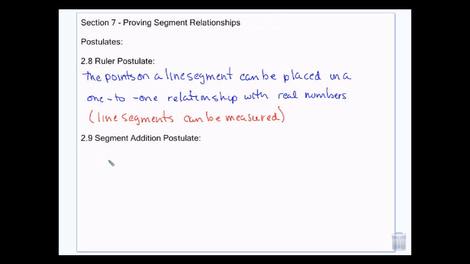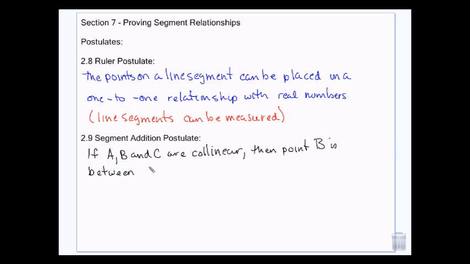So the segment addition postulate comes from that, and that one says that if A, B, and C are collinear, okay, so A, B, and C are points and they're on a line, and point B is between A and C, well, point B is between A and C if and only if AB plus BC equals AC.